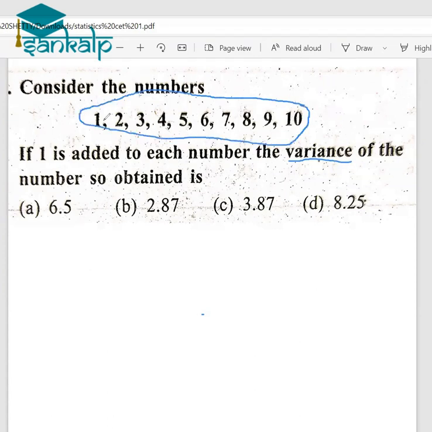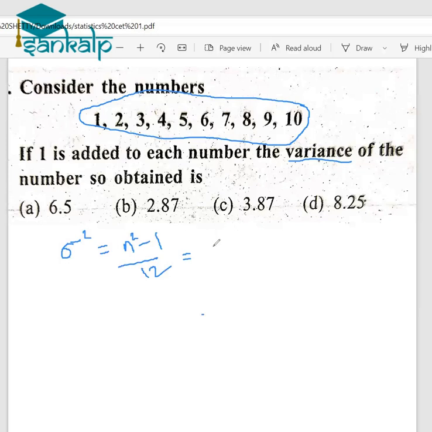So first what we will do is we will apply the formula for calculating the variance of first 10 natural numbers. Variance is denoted by sigma square, and the formula is (n square minus 1) upon 12.